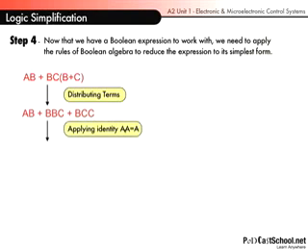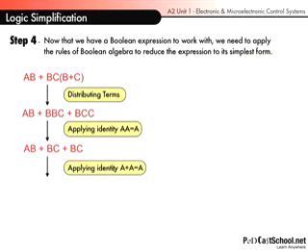We learned before that A and A equals A. By the same token, B and B equals B. So we can reduce the BBC term to just BC. So it becomes AB or BC or BC. And then we can apply the identity A or A equals A. So we've got BC or BC, so that must equal BC.